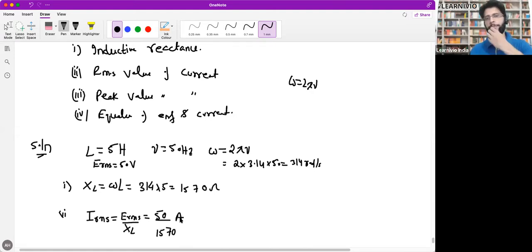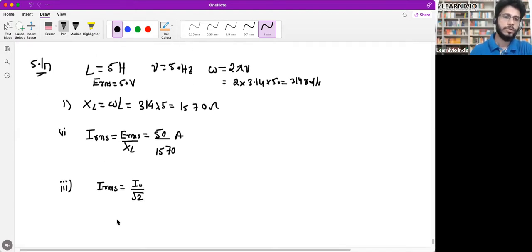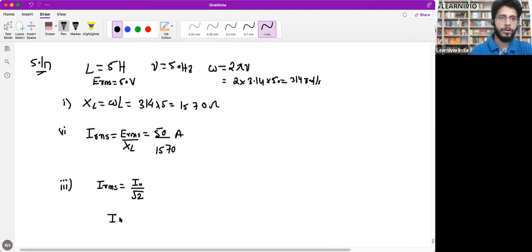That's IRMS. After IRMS, you can calculate peak value also. IRMS is I naught over root 2. So you can write that I naught is root 2 into IRMS.